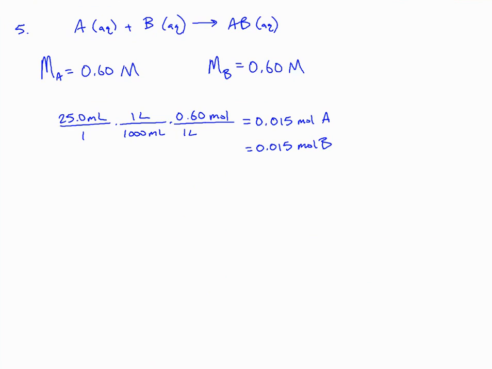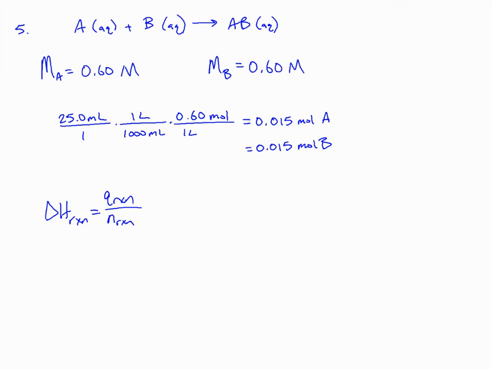So here's the reaction. A plus B yields AB. Molarity of A is 0.6. Molarity of B is 0.6. And we are looking for delta H of the reaction. And delta H of the reaction is Q of the reaction divided by moles of the reaction.